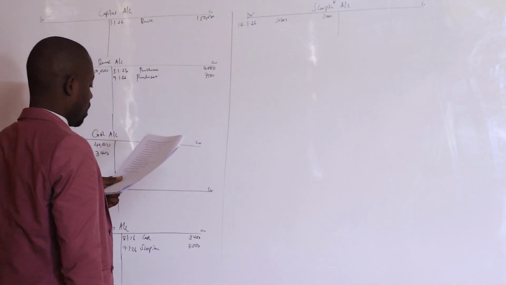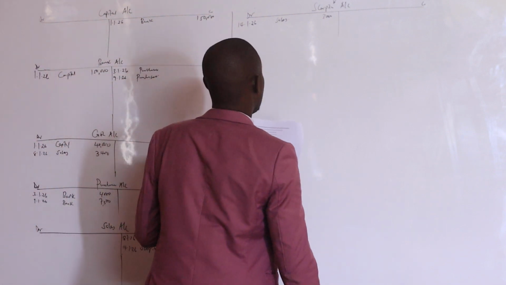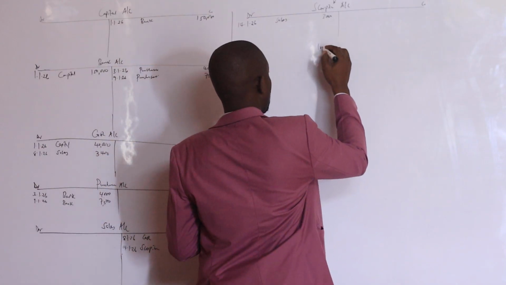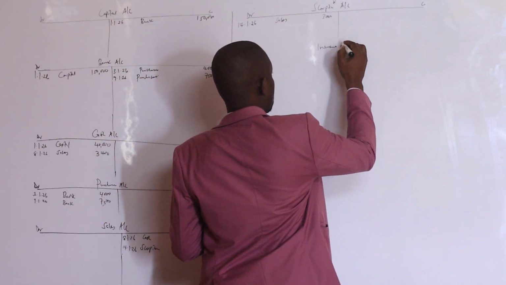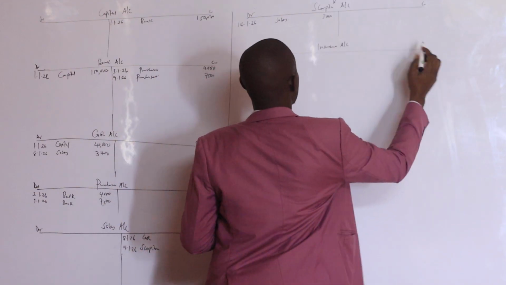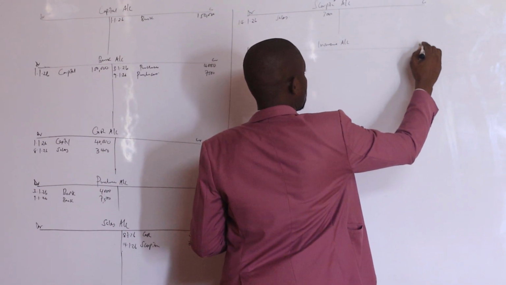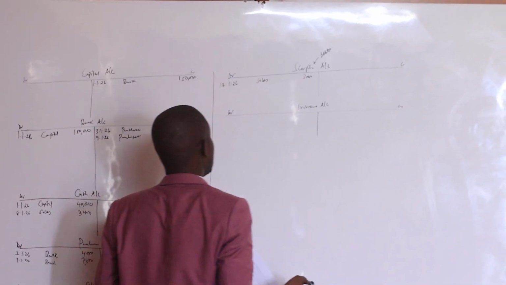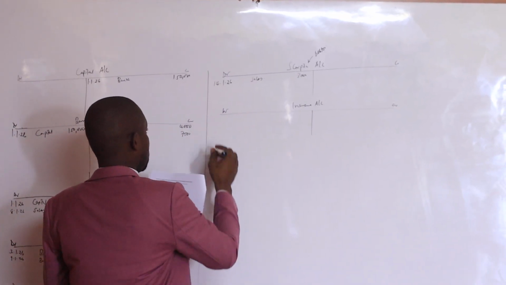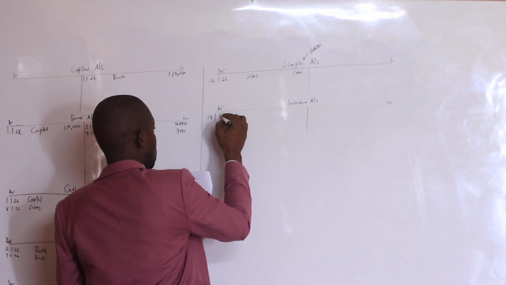Go to the next one on 17th. Paid 1,200 for insurance. We create an insurance account. Our debit, then credit. An expense increasing, we debit it. As on 17th January 26.